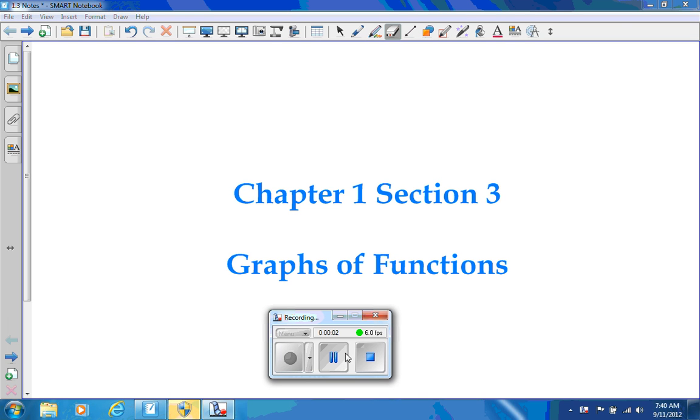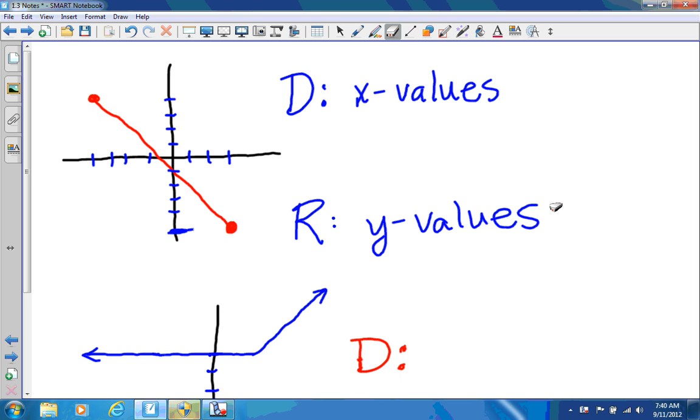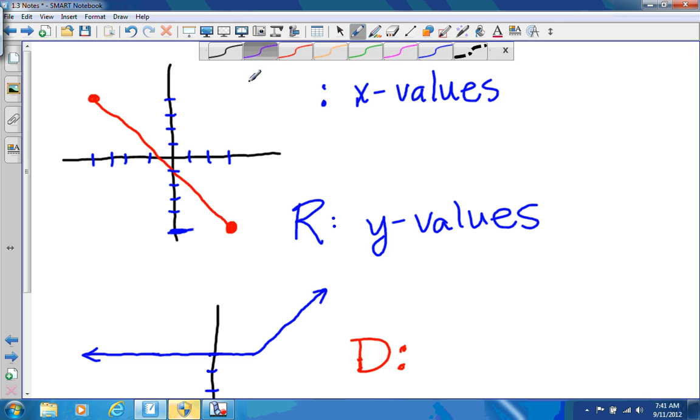Okay, the third section of Chapter 1 deals with graphs of functions. So if we're given the graph of a function, remember the domain would be all of the x values.